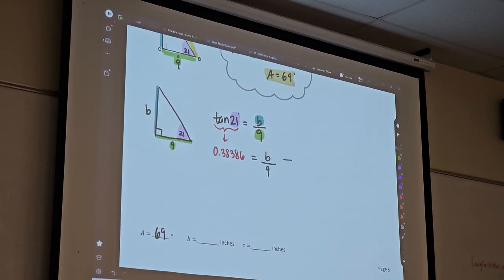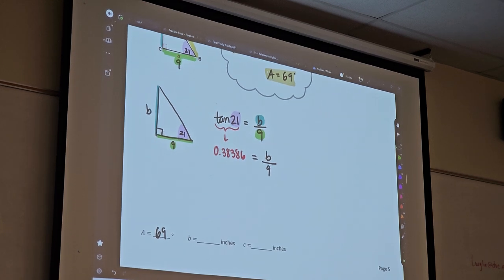What's happening to B? Division by 9. I don't want that. Multiply both sides by 9. This multiplication is the opposite of division. So 9 times the red number is B, and you're all done.